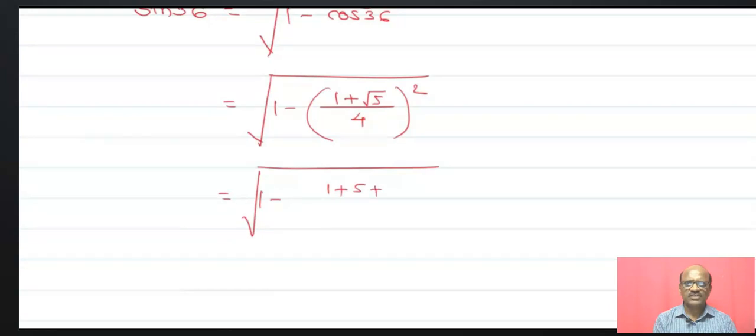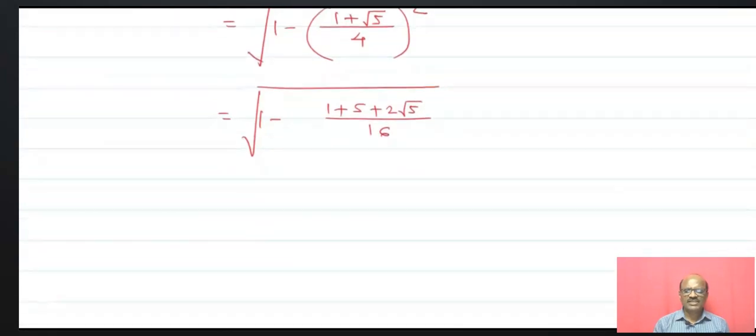Now the expansion of this: (1 plus √5) square means what? 1 plus 5 plus 2√5 upon 4, and 4 means what? That is 16, the square of 4. Now simplify this. 1 plus 5 is 6.